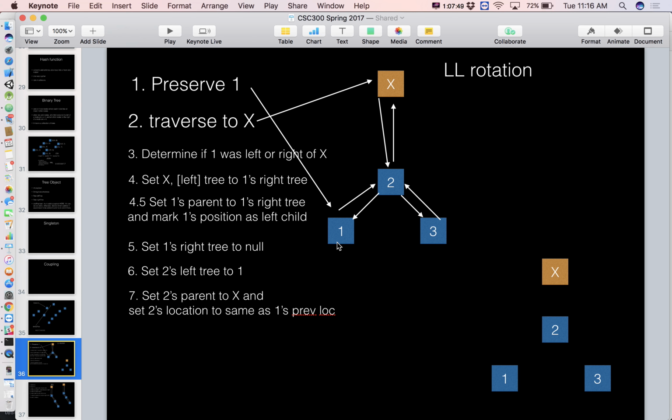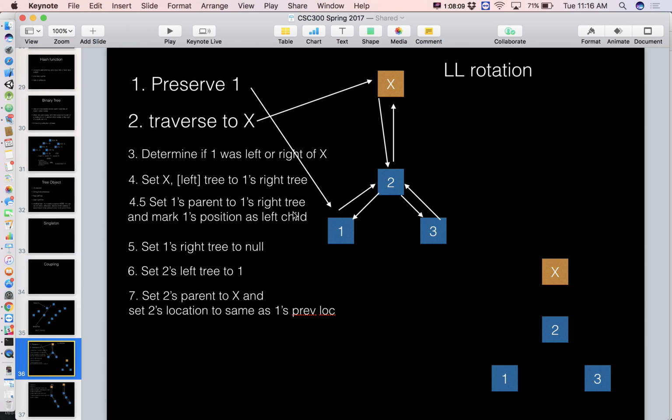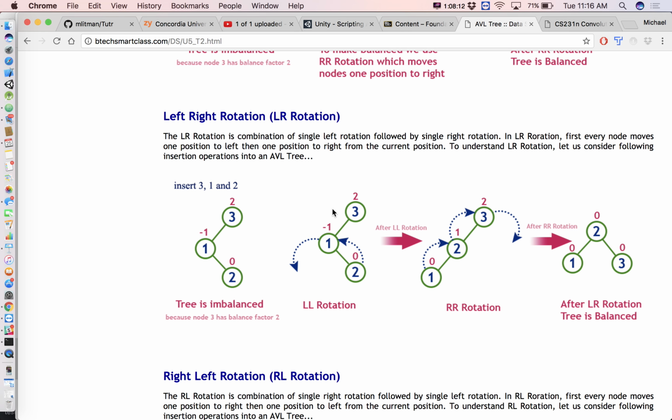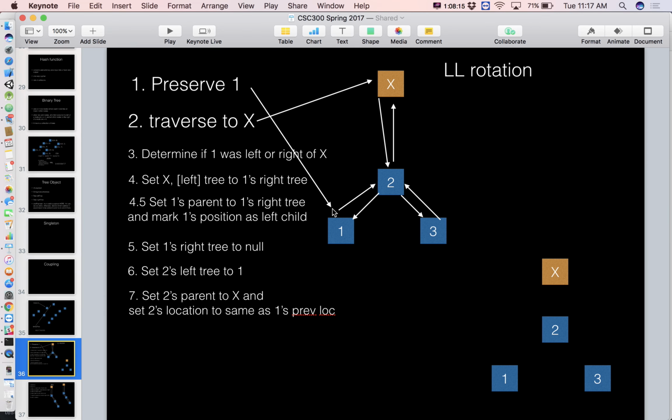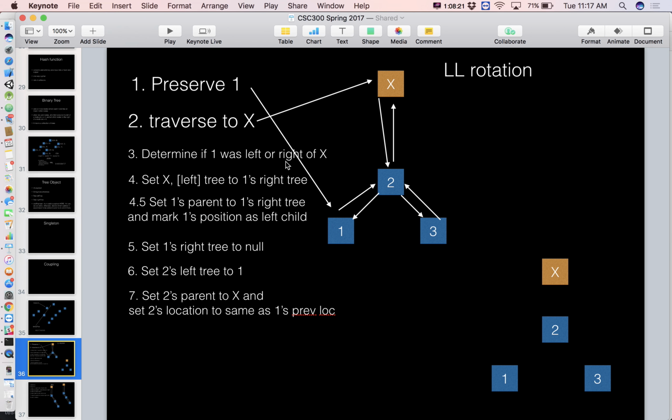And mark 1's position as the left child. Set 1's right tree to null. Set 2's left tree to 1.